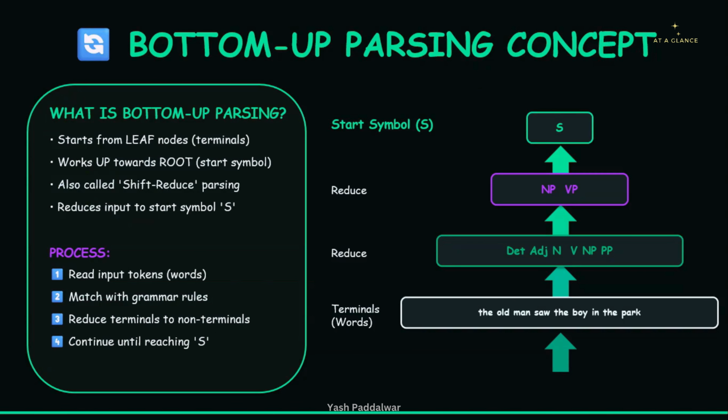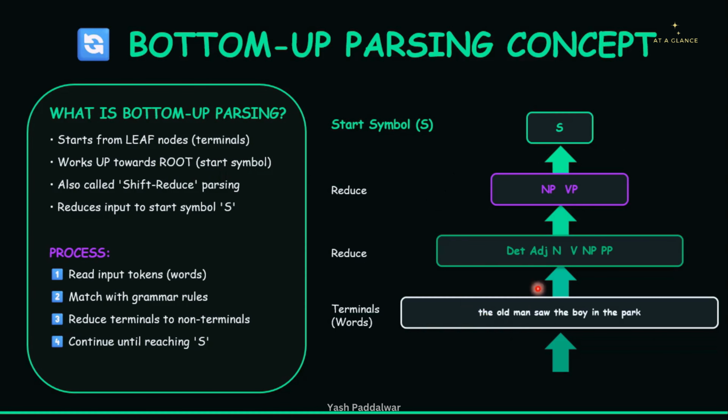Before tackling this problem statement, we'll look at what exactly the bottom-up approach means. Basically, we start from the leaf nodes. In the previous video, in the top-down approach, we started from the start symbol S and came down to reach the leaf nodes, that means our sentence words. But here we'll start with the leaf nodes, that means the terminals, and move upward, working up towards the root, that means the start symbol.